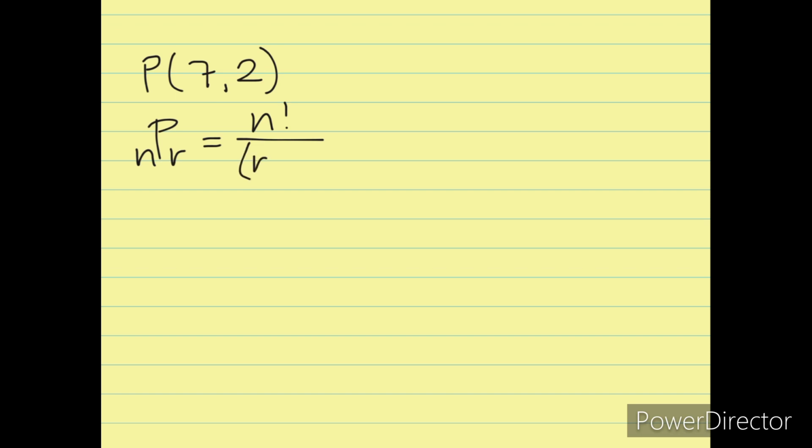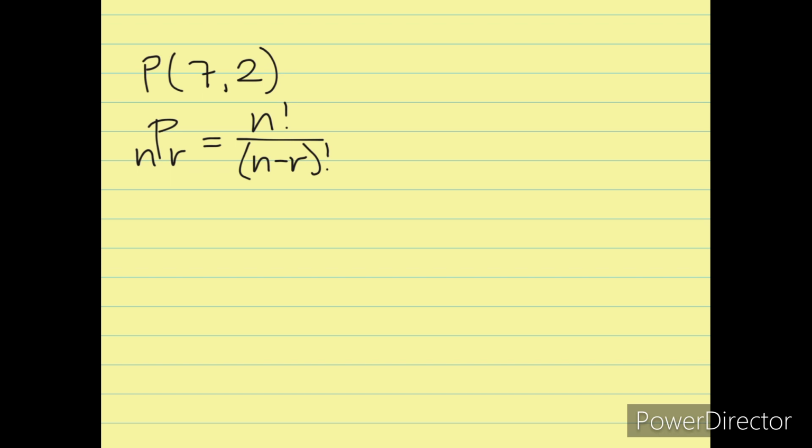Evaluate each permutation. So if we have P, 7, and 2, permutations of 7 and 2. Solution: we use the formula of permutation of n things taken r at a time, which is n factorial over n minus r factorial.